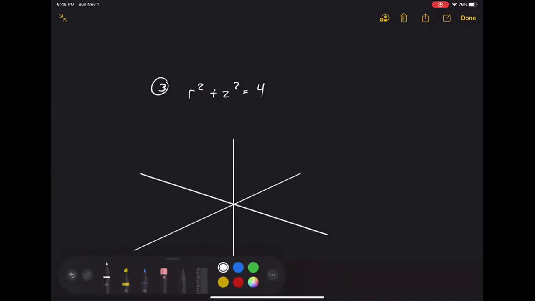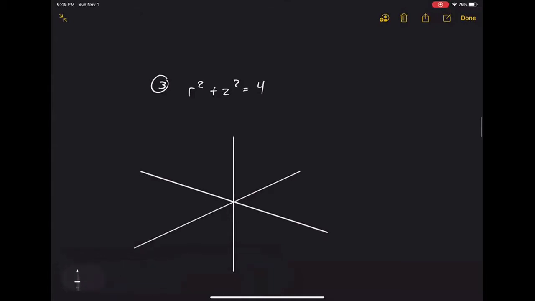Okay, how can I figure this out? How about at z equals 0? Okay, at z equals 0, which is in this horizontal plane, r squared is going to be 4. So r is 2 or negative 2, right?